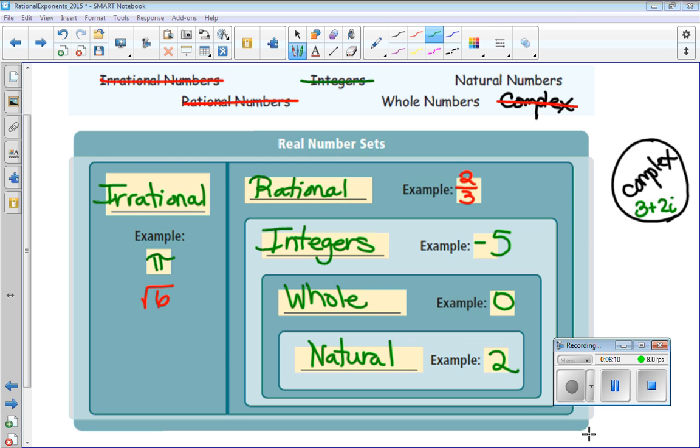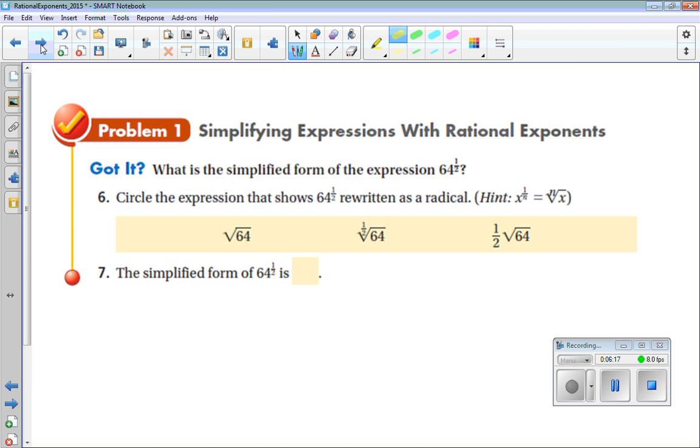But let's focus on just rational numbers for a minute. We're going to look at some ideas of what we call rational exponents, which means that the exponent is going to be written as a fraction.